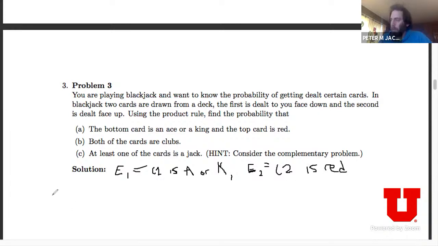So we want to compute the probability of E1 and E2. These are really sets, both events in our sample space, and this is an intersection. So we want to compute E1 intersection E2.